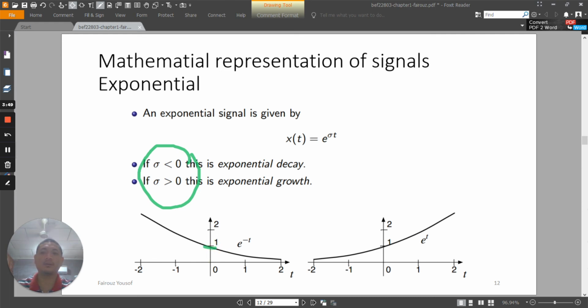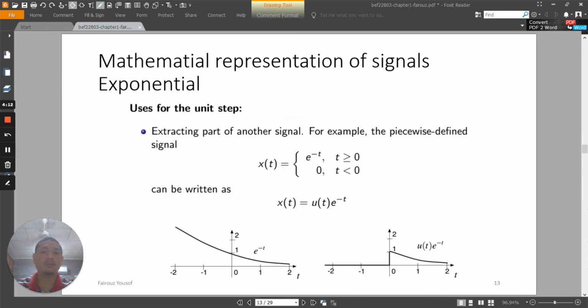If the sigma is a negative value, then it is exponential decay. If the sigma is a positive value, it is exponential growth. So the crossing at the y-axis is represented by the value in front. In this case, 1 and 1 here. So 1 e to the minus t, this is the graph.